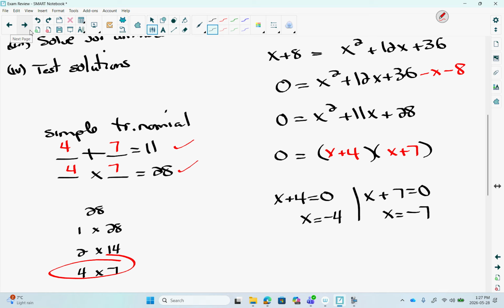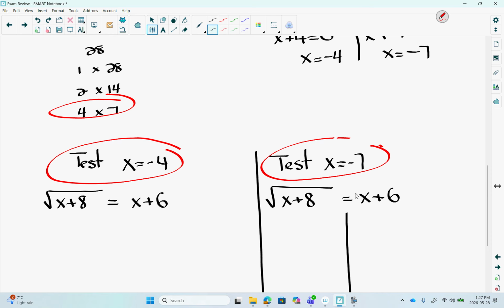How do I test them? I go back to the original. What did the original say? Radical x plus 8 equals x plus 6. So if I test x equals -4, I'm going to replace the x's with a -4 and check to see if the left-hand and right-hand sides are equal.